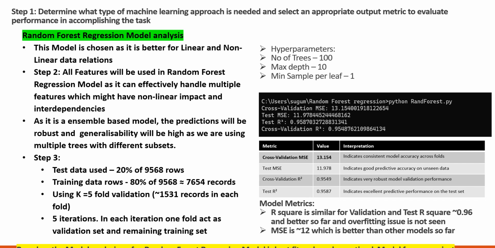And one more observation we could see is that the R square and MSE for the cross validation set and the test set are more or less the same, which indicates a good fit, not an overfit in this case. So that is a very good sign to avoid overfitting scenarios.